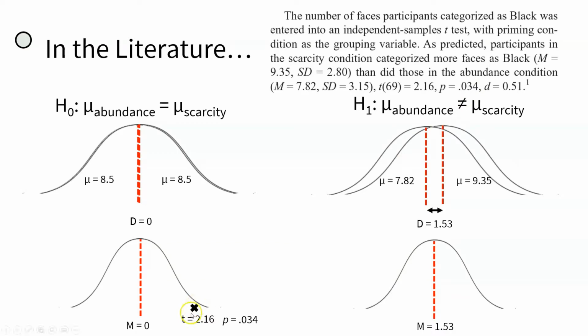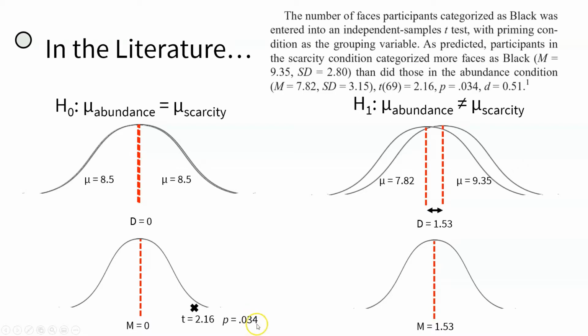So we could say it's possible that in reality, the null hypothesis is true. There is no difference between these two different kinds of priming conditions of scarcity PowerPoint slides and abundance PowerPoint slides. And that what happened was we just got an extreme difference between them just by chance. It might have been this 3% of the time. But since it doesn't happen that often, that's unlikely.